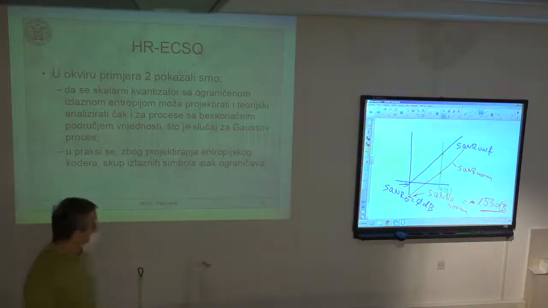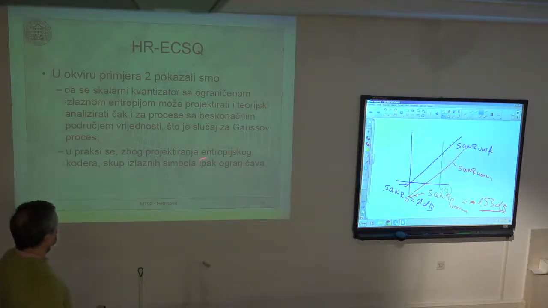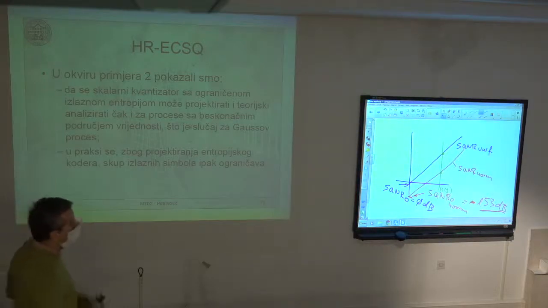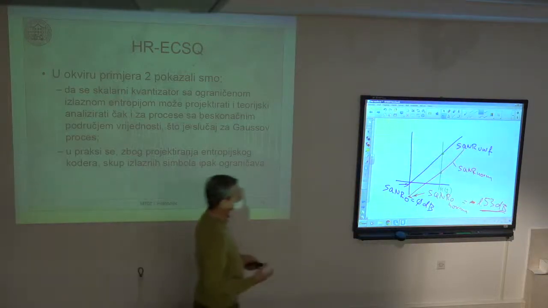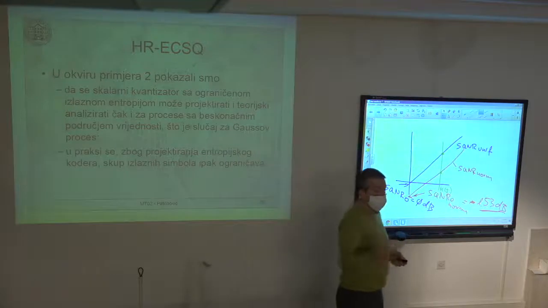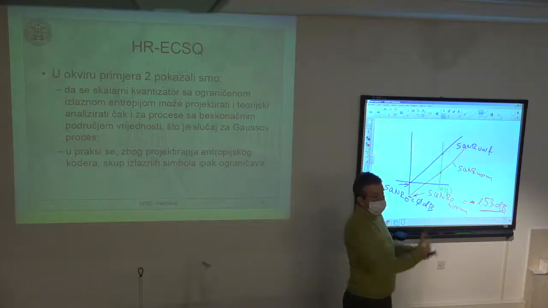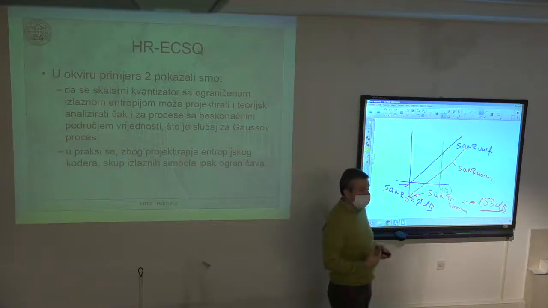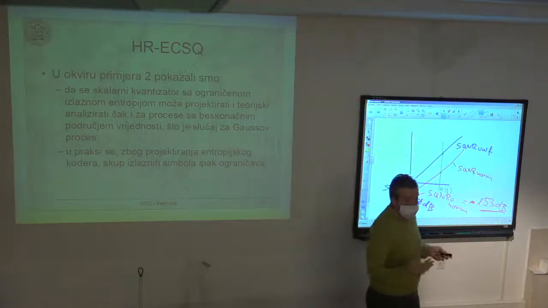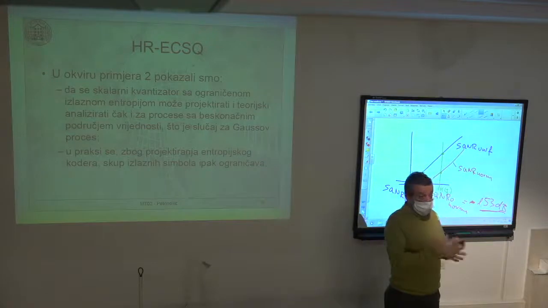in practice, we understand that since we have to design the entropy coder, the actual set of symbols is nevertheless always bounded, because we have to construct a code for each of the output integer values. So we have this AD converter, we have these indices at the output of the AD converter, and these indices in the end must be encoded with a variable word length code.